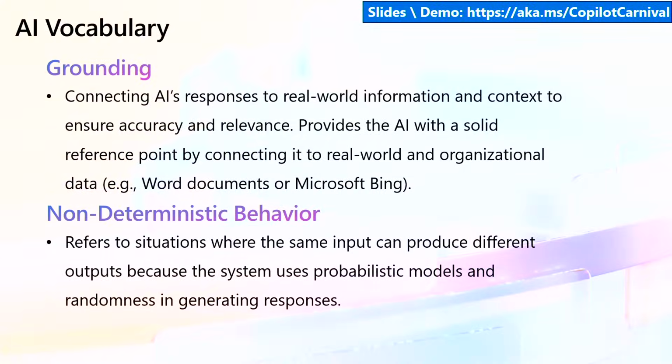As we get started, I want to begin with a little vocabulary to make sure we're all on the same base knowledge of what we're going to be seeing in tools like Copilot. The first important term is grounding. You can think of grounding as where Copilot or various AI tools get their information from.